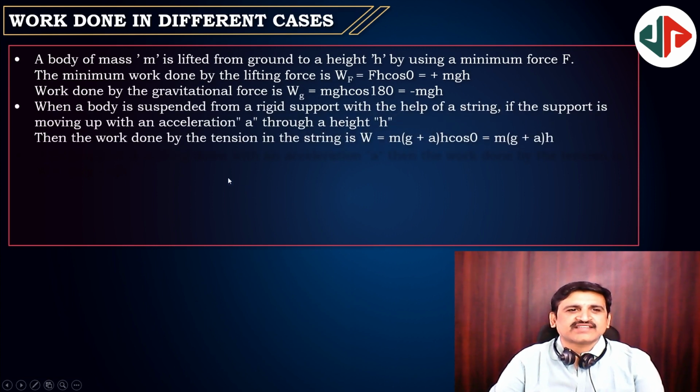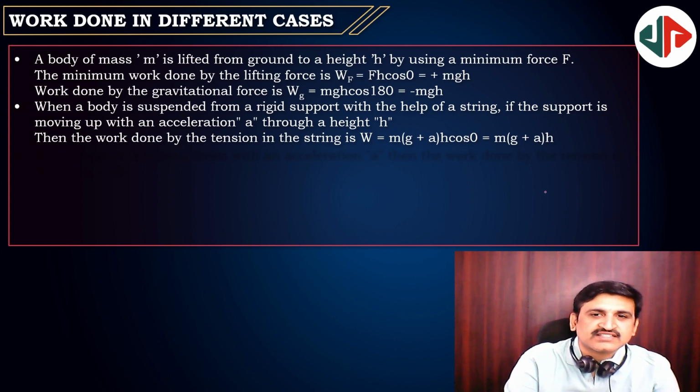Next, a body of mass m is lifted from the ground to a height h by using a minimum force F. Then the minimum work done by the force in lifting is Fh cos 0. Lifting force is upwards and displacement is upwards, so that's why cos 0 comes here.